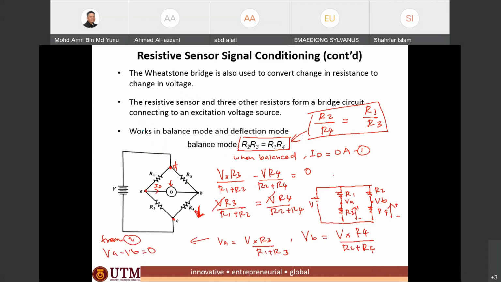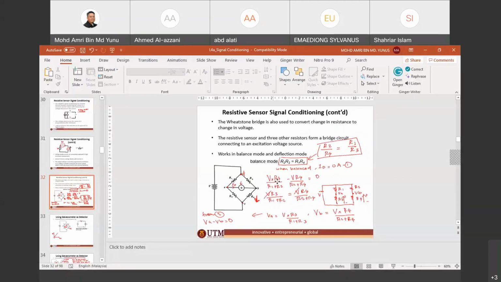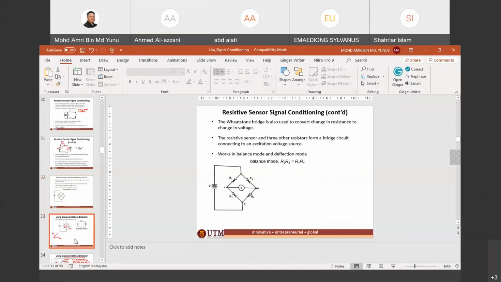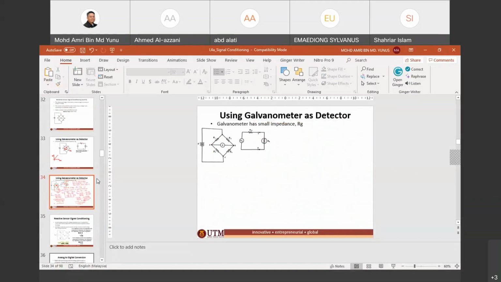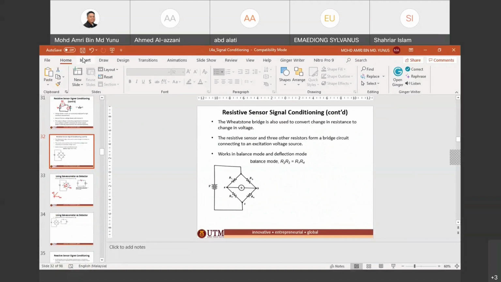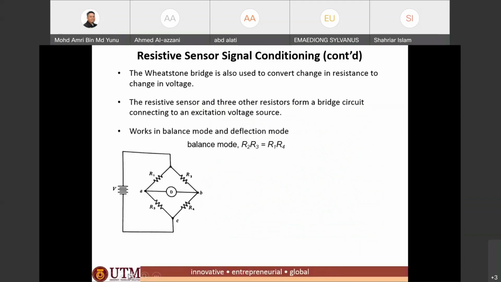Right, so we have another way to do it. This is called using a bridge, the Wheatstone bridge. The Wheatstone bridge can also be used to convert change of resistance to voltage.